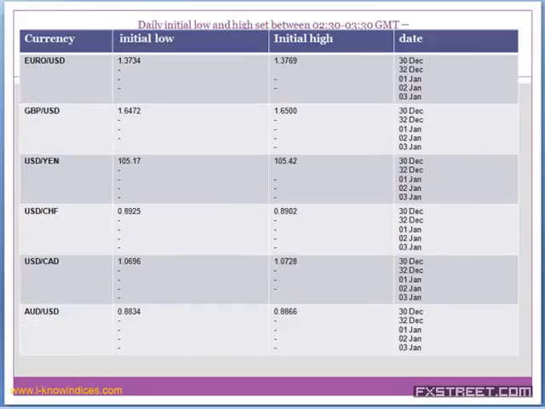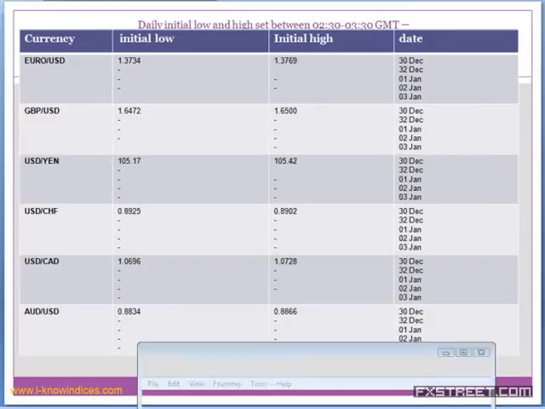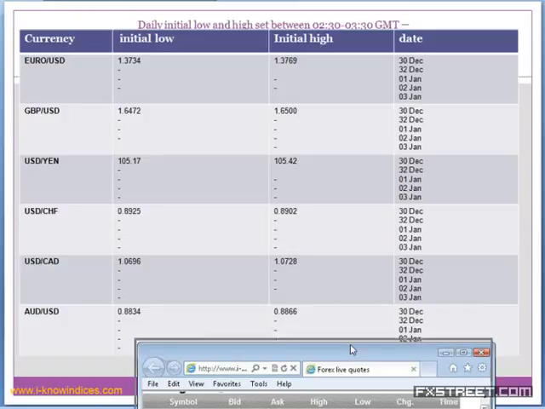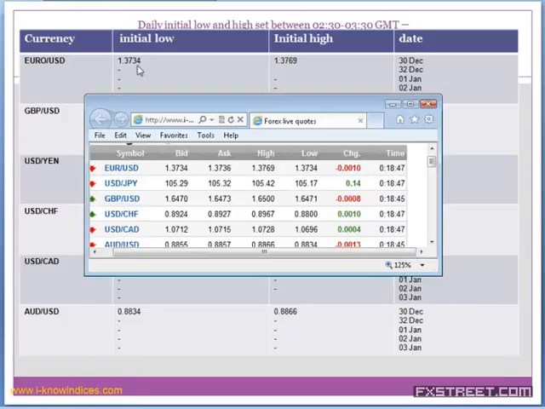Coming to the initial lows and the highs set for the day. Euro formed the initial low 1.3734. The high was 1.3769. They are simply holding it, but come closer to the low. They are likely to breach it in order to hit the close by stops.